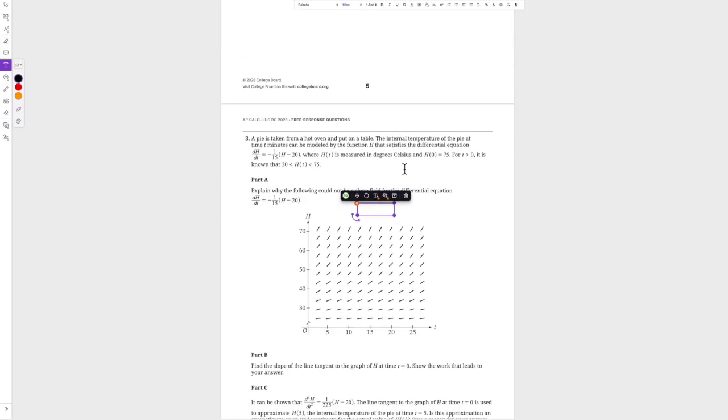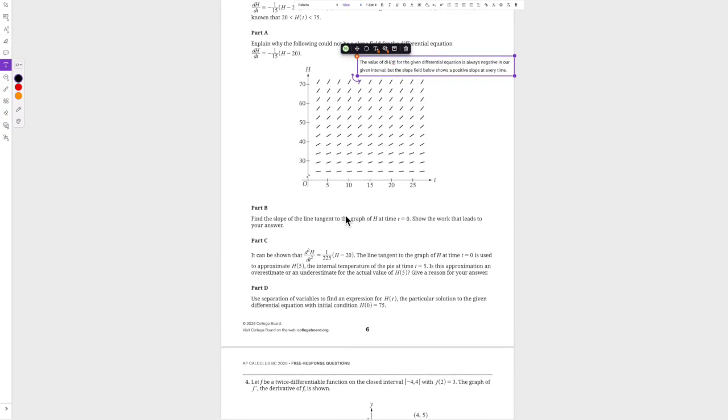We can just write here the value of dh dt for the given differential equation is always negative in our given interval, but the slope field below shows a positive slope at every time. And there you go, that's part A.